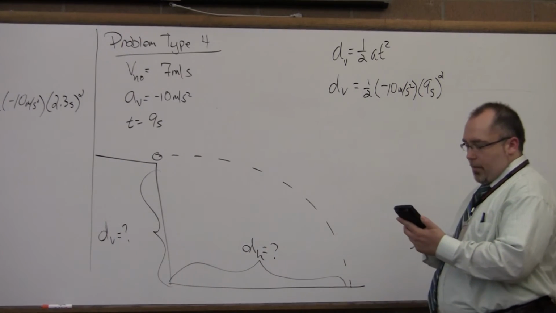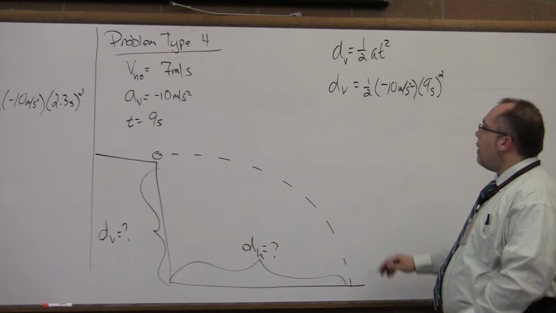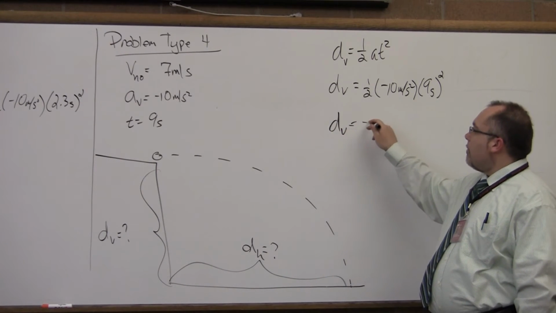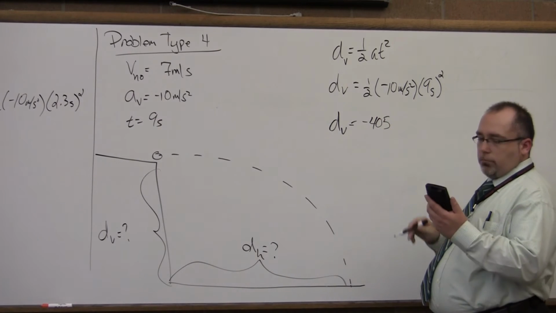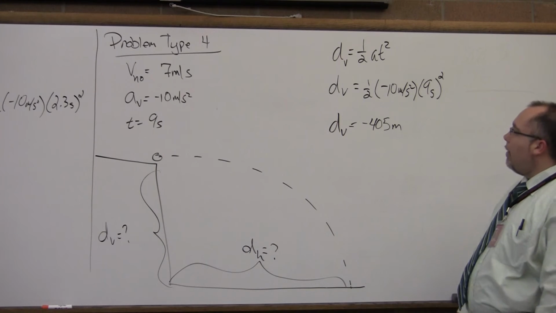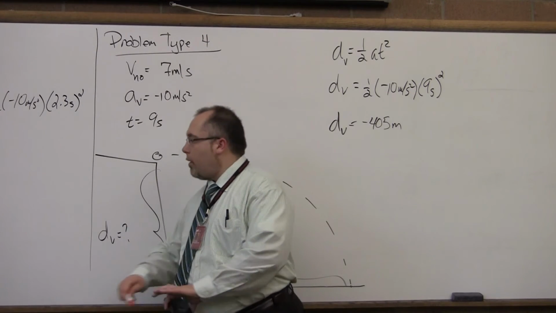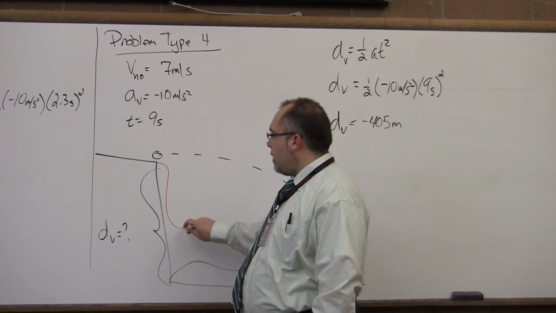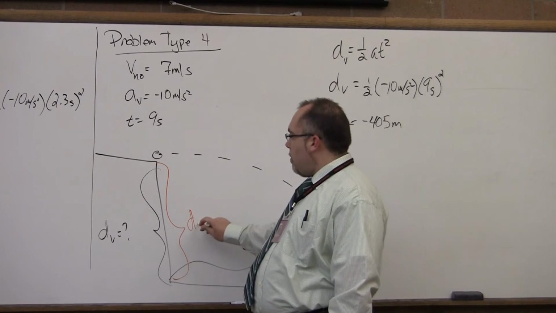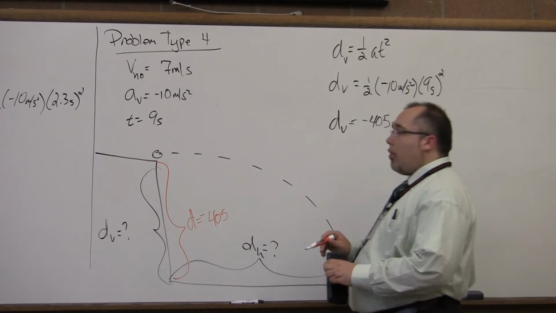So we have 0.5 times -10 times 9 squared. We end up with a vertical distance of -405 meters. It's a pretty tall building. So that tells us how high the building is, because again, the object landed 405 meters below where it started.